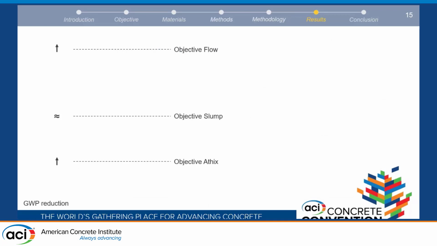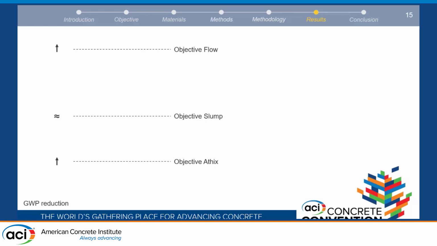So now for the results of the optimization, the dotted lines represent the normalized objective for rheological properties. So for flow and structural build-up, we want a point that is on or above the dotted line, and for slump, we want a point that is around the dotted line.